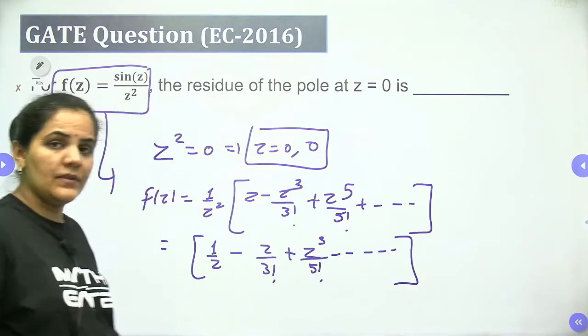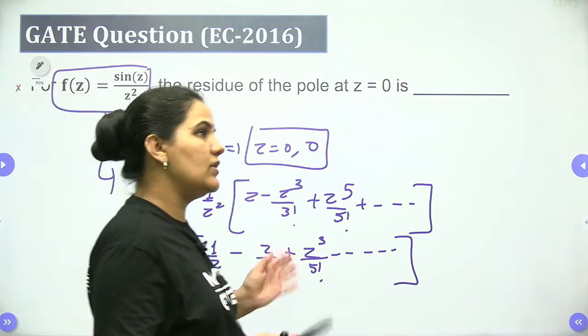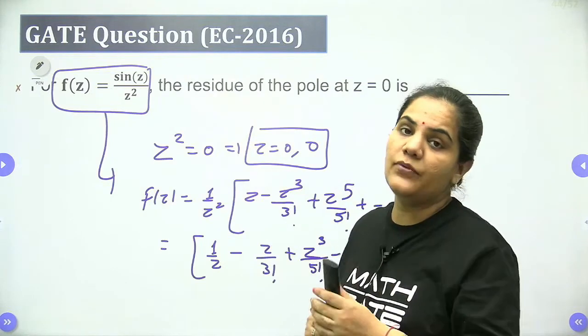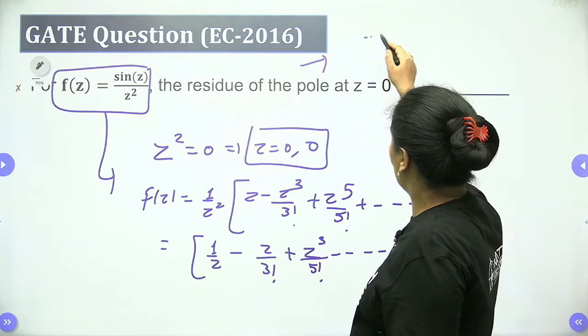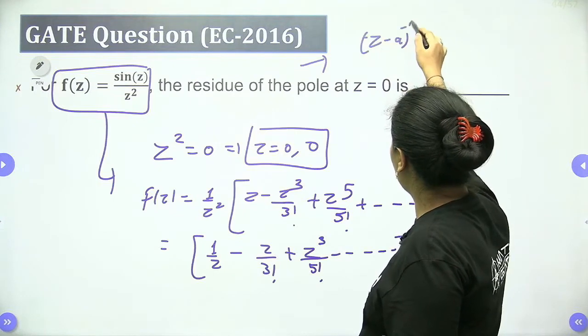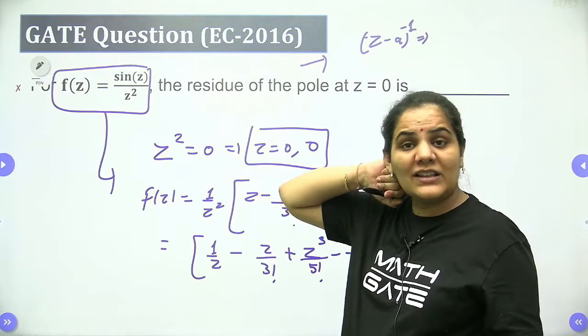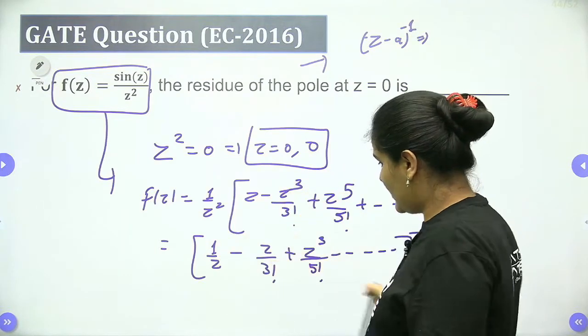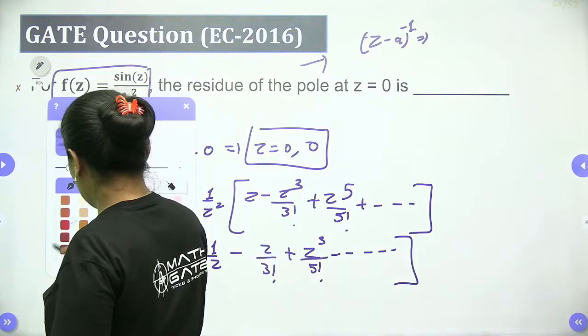Yes, exactly. Right. So here, as we know very well, and as I already told you, the residue is nothing but the coefficient of (z minus a) to the power minus 1 in the Laurent series expansion. So this is my series expansion. If I have to find out the residue, I can directly approach.